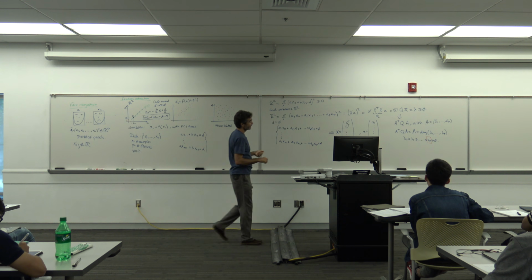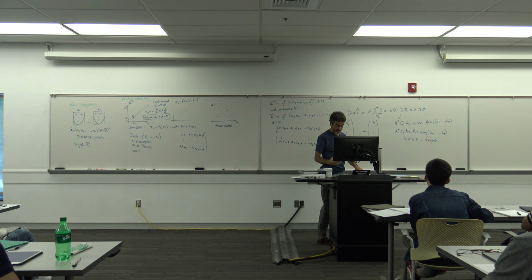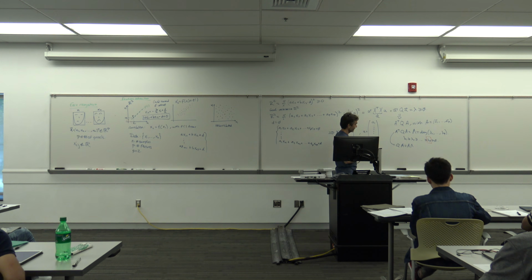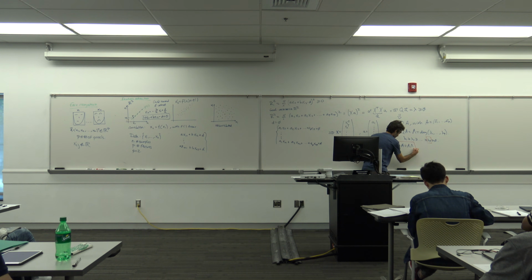And that, of course, you've seen this a million times, that you can rearrange this equation here as QA equals A lambda. And that is obviously the eigenvalue decomposition equation, right?